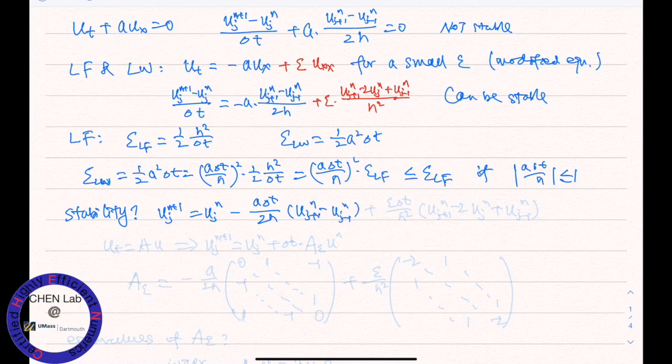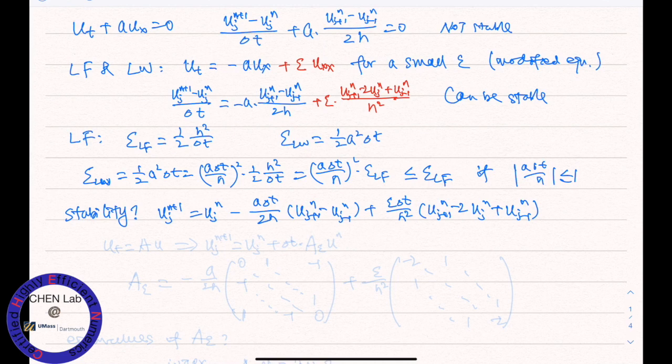The red part becomes epsilon delta t over h squared times (u_{j+1}^n minus 2 u_j^n plus u_{j-1}^n).